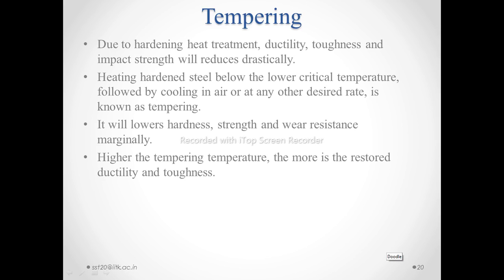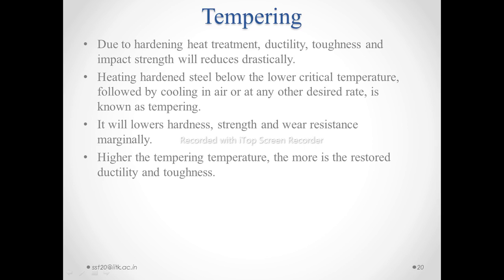So next heat treatment is the tempering process. As we see from the hardening heat treatment process, we get harder and more wear resistant substances, but we are compromising the ductility and toughness of the material.